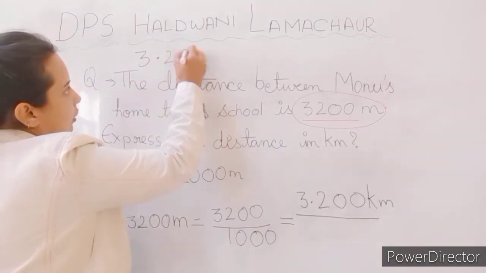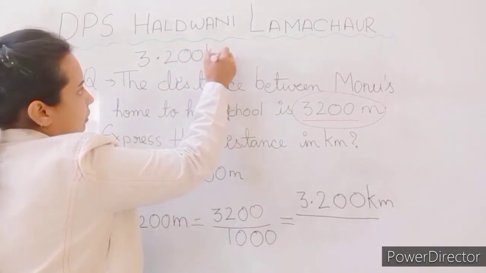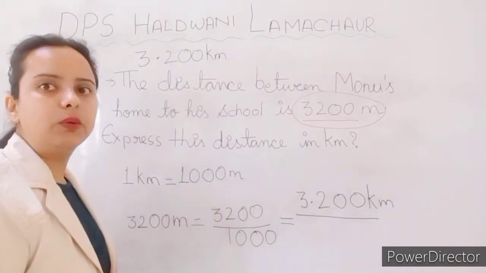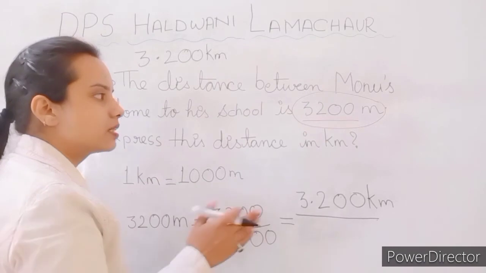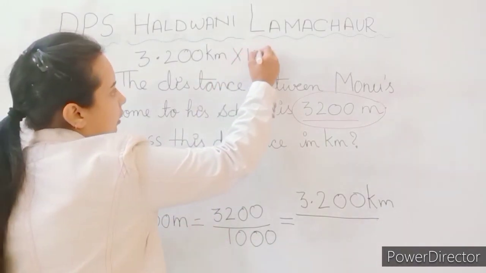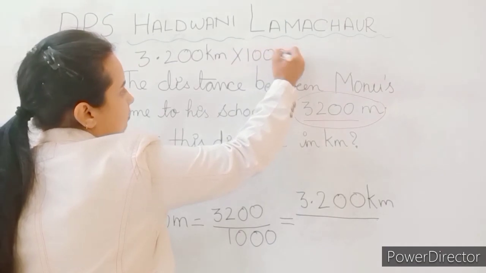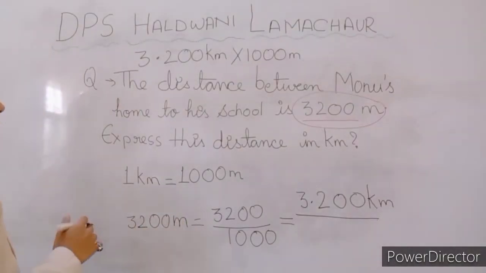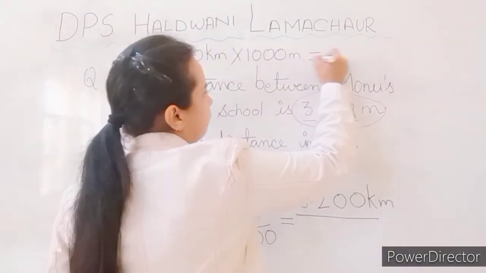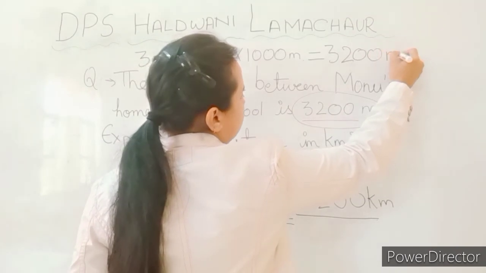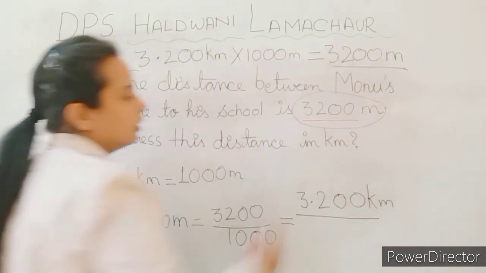For example, it is given as 3200 kilometers and we have to convert it into meters, a smaller unit. Then we will multiply it with 1000 meters. So this is the answer.